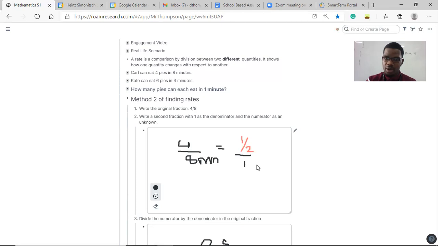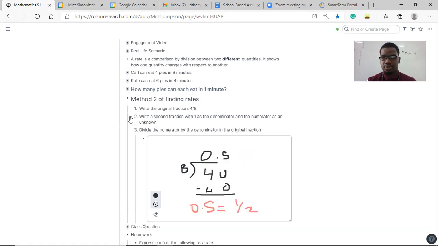To find the rate in 1 minute, we said 4 divided by 8 is equal to the unknown divided by 1, and it can be solved by dividing 4 by 8 using long division. Put a 4 here and the 8 outside. 8 into 4 can't go, 0 times. 8 into 40 goes 5 times. So that means it's 0.5 or a half. And that's how we did method 2.